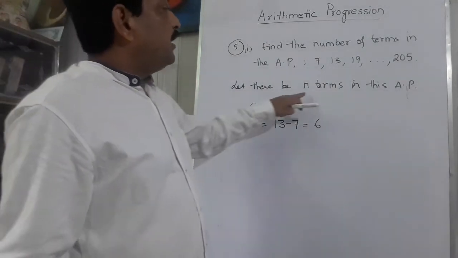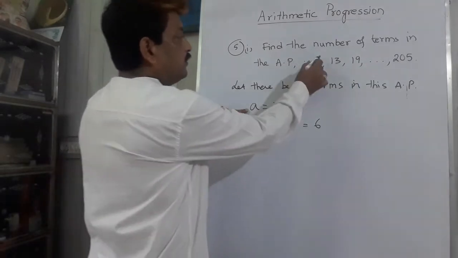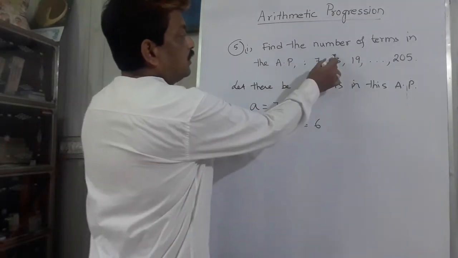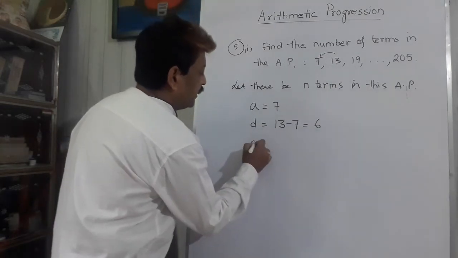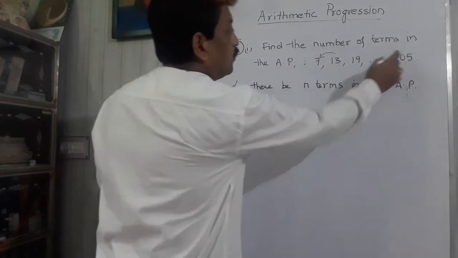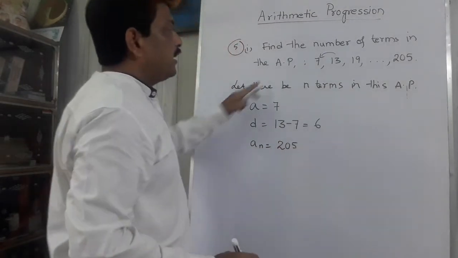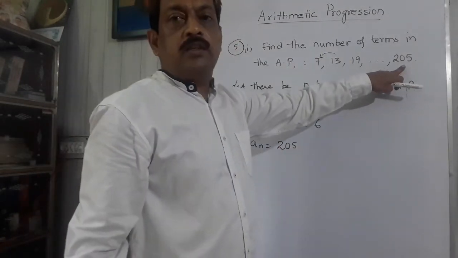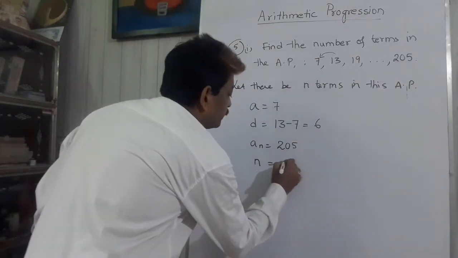So let there be n terms in this AP. So the first term a is 7. The common difference is 13 minus 7, that is 6. And an is 205. Since there are n terms, this is the nth term, that is an, and we have to find n.